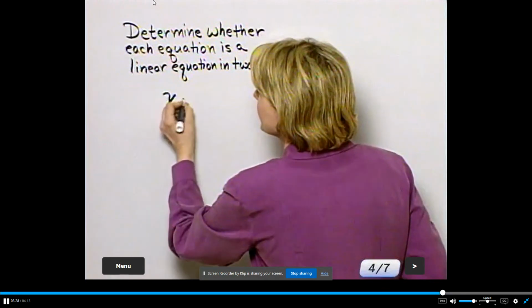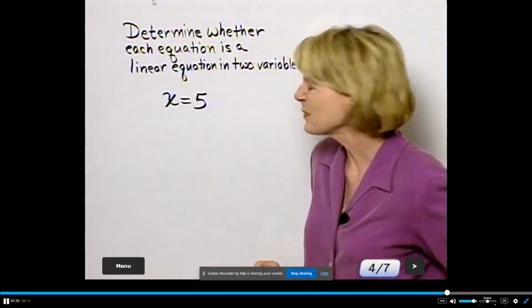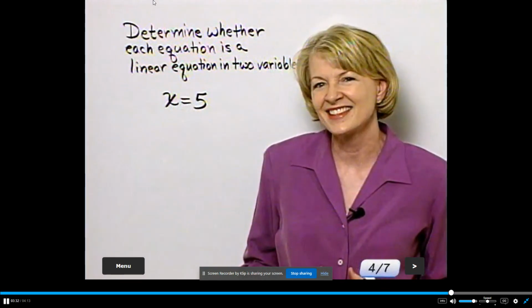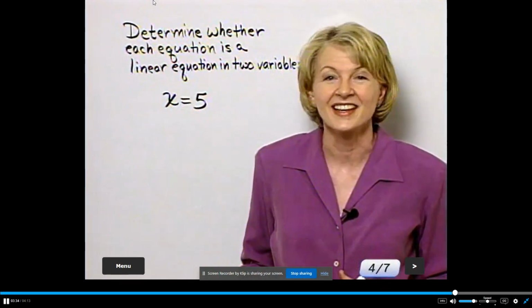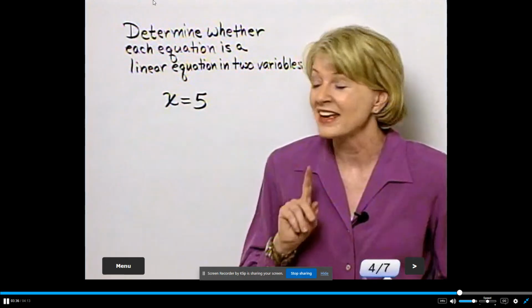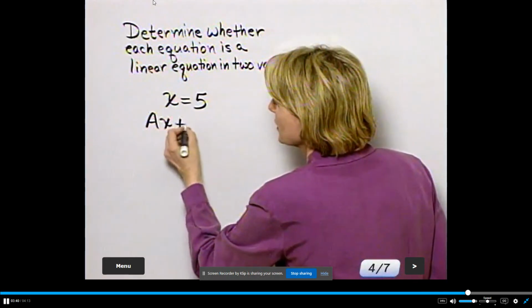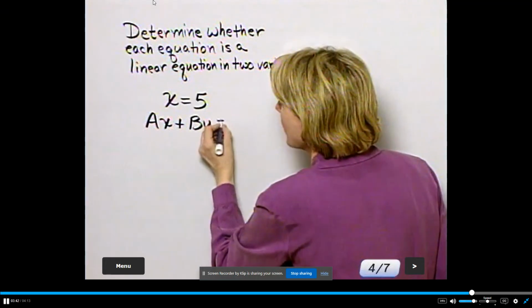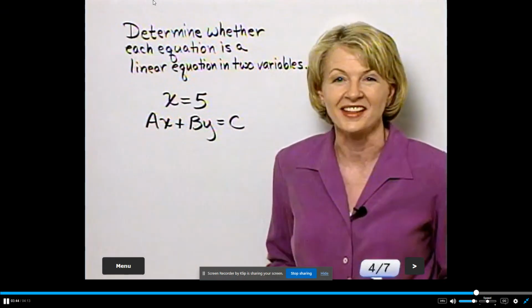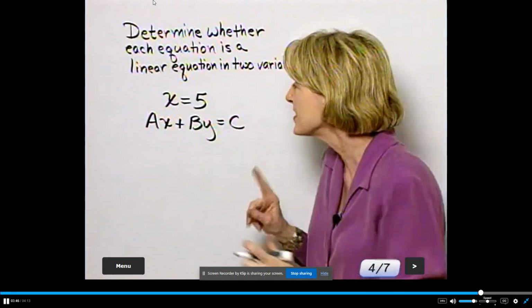And then finally, what about this equation? Is this a linear equation in two variables? Can I write it in the form ax plus by is equal to c? The answer is yes.